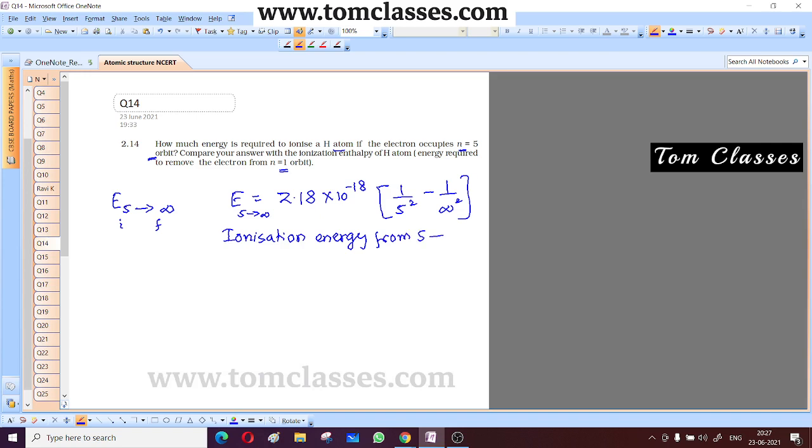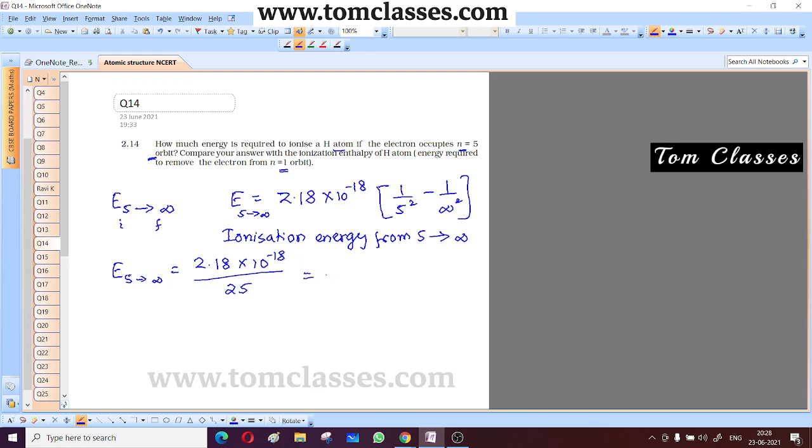From fifth to infinity, so you can say E 5 to infinity. So what is this value? It is nothing but 2.18 into 10 to power minus 18, and 1 by infinity square will become 0, so this will be 25.